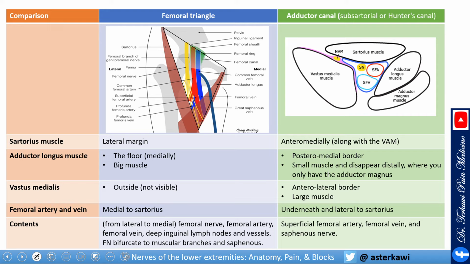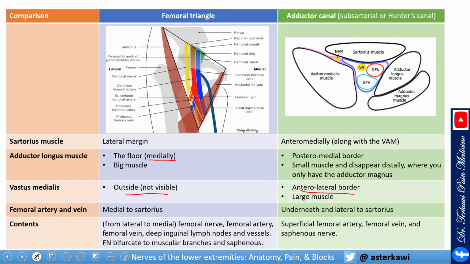Adductor longus is in the floor when it comes to the femoral triangle, while it's the posteromedial border for the adductor canal. Vastus medialis is not visible in the femoral triangle. Here it gives you the anterolateral border.